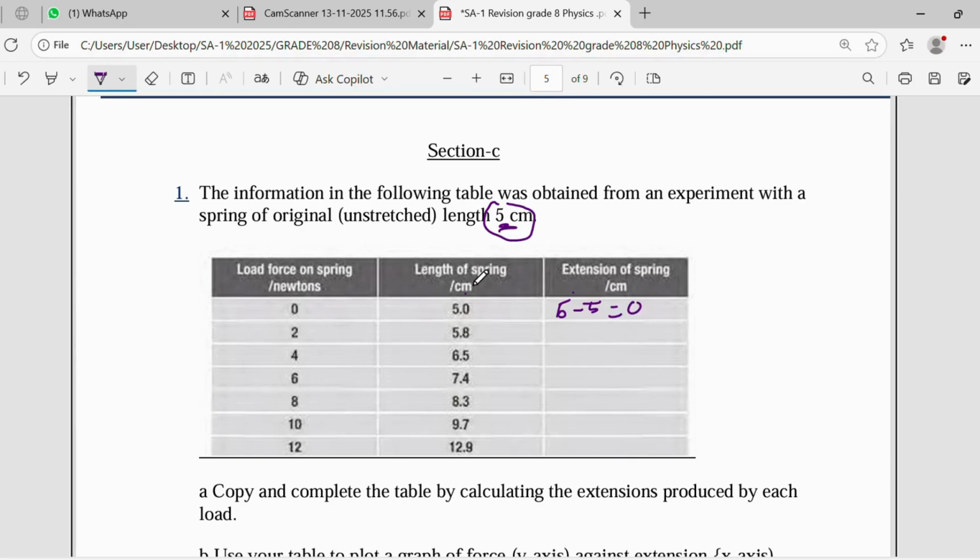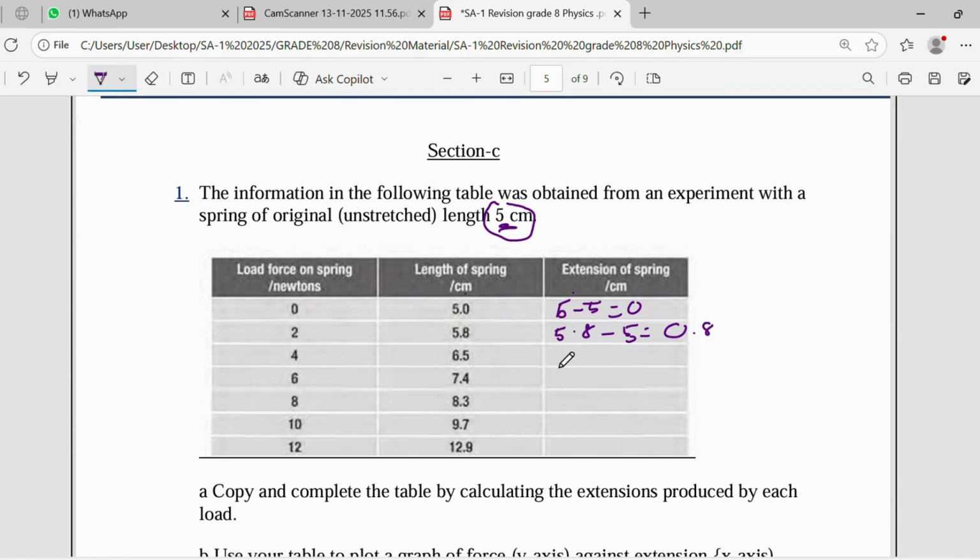Second one, we have 5.8. So we need to subtract the original length from the extended length, right? So 5.8 minus 5, you will get 0.8.